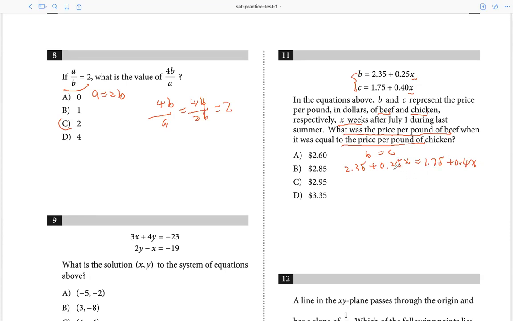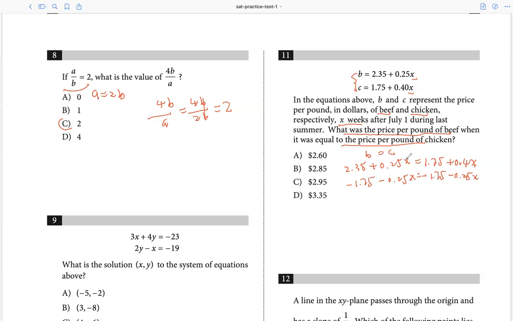Well, we need to combine like terms, right? So we subtract 0.25x on both sides, then minus 1.75 at the same time, because I just did something equal to something.